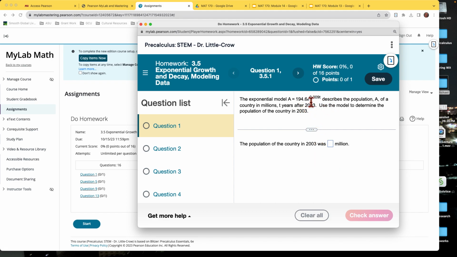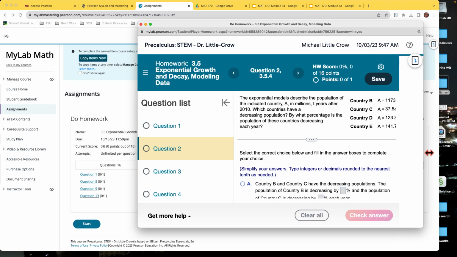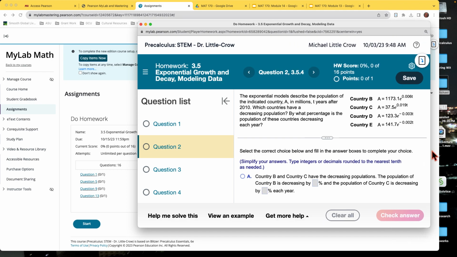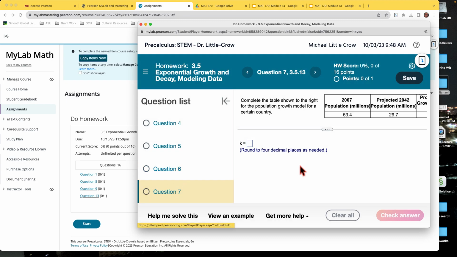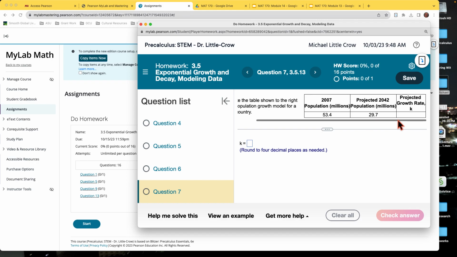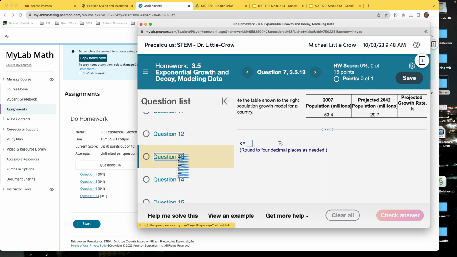We see that same type of question for number 1, and something similar again, looking at the same exponential growth function, seeing which ones are growing faster. So I think we're all okay. Here's question 7. We've got two data points, again, to find the constant, kind of like what we did on the carbon 14. Let's go to 13.